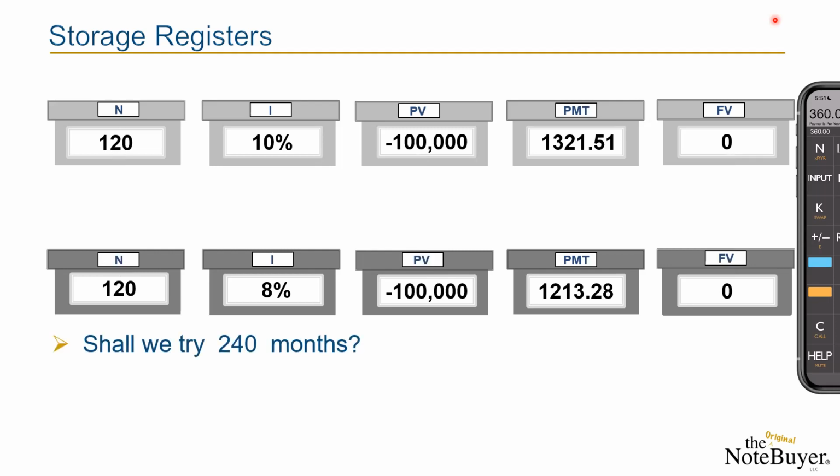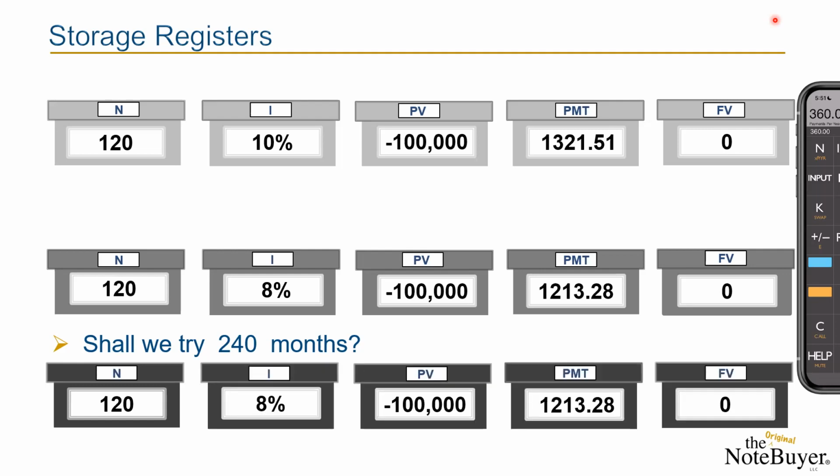Maybe you decide, wait, I think let's try 240 months. Here you go. These are the same numbers that we already have in the storage registers. So let's put the 240 into N and we press the payment key. There you go. If we amortize this over 240 months, the payment drops down even lower to only $836.